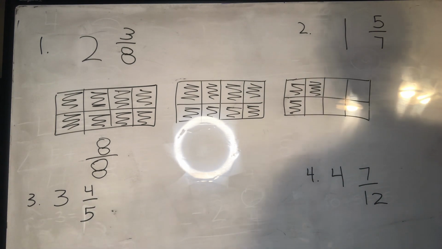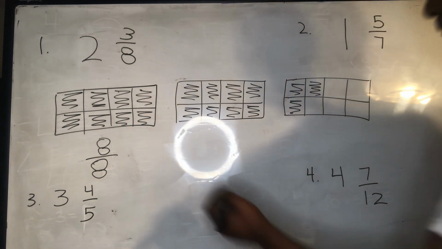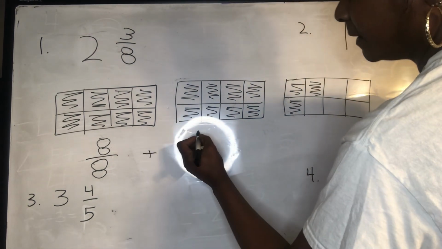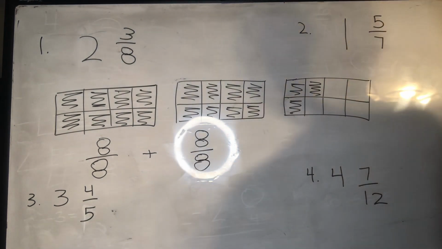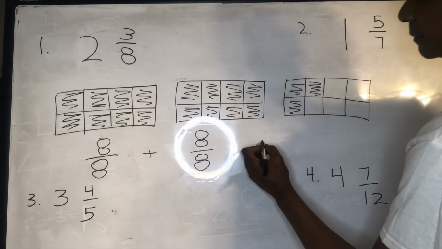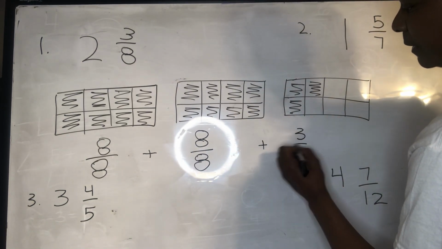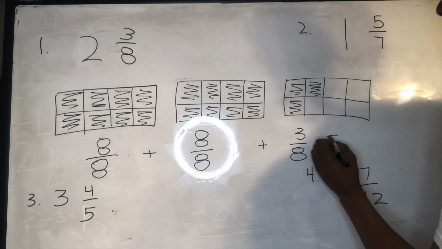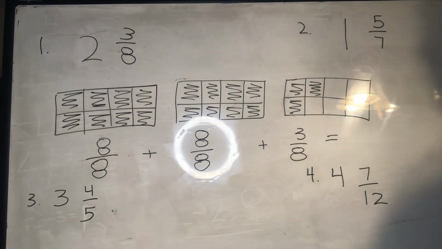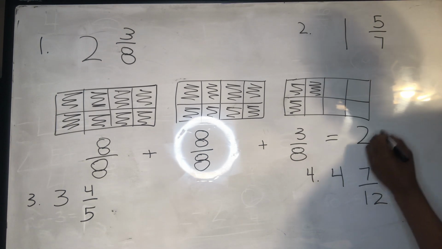Again, that's how we get it to be a whole. Plus another 8 over 8. Plus our 3 over 8. And that will equal our 2 and 3 over 8.